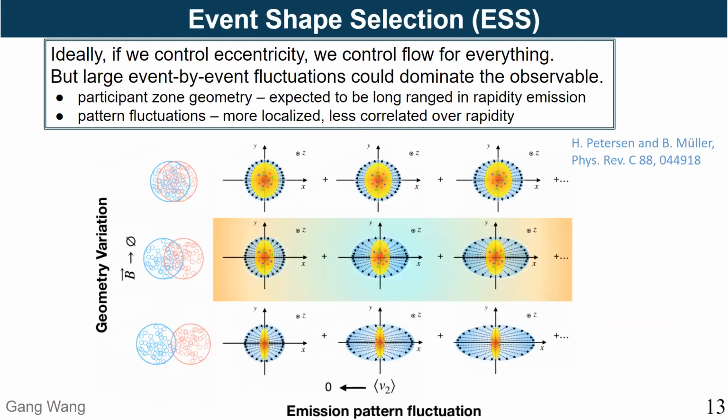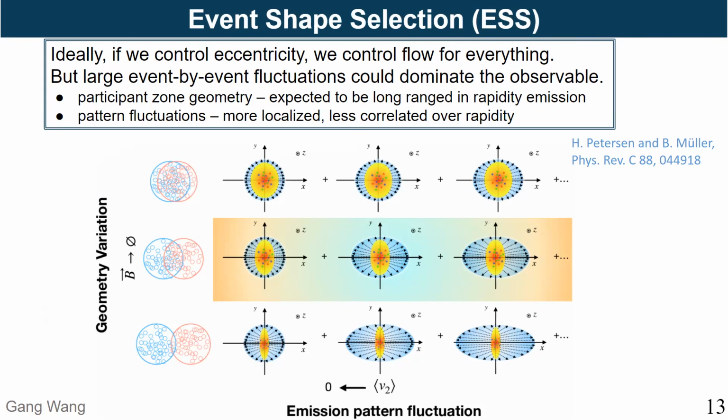That's why we try to develop a better way to do this. Ideally, if we can control eccentricity, we control everything. However, even with the same eccentricity, the final state particle emission can be very different. We have very large fluctuations of the particle emission, and the final observable of delta gamma is subject to the particle emission.